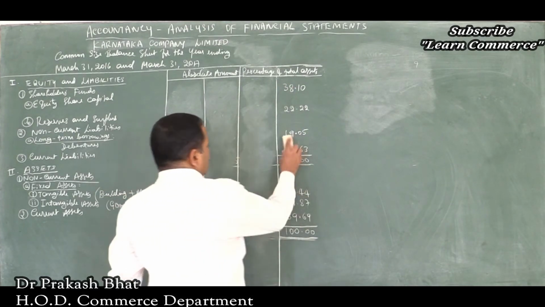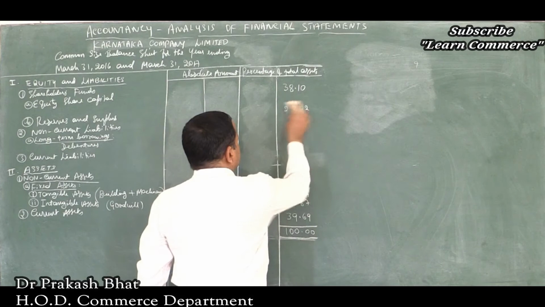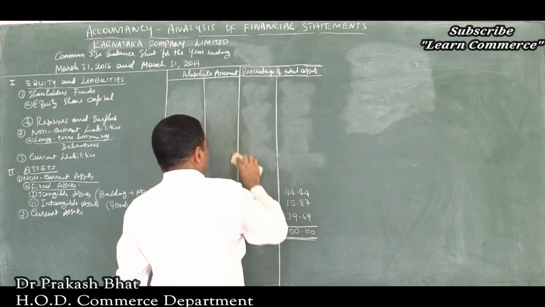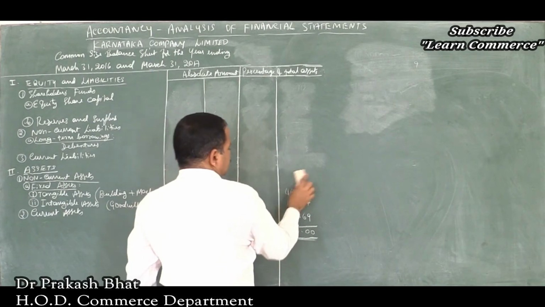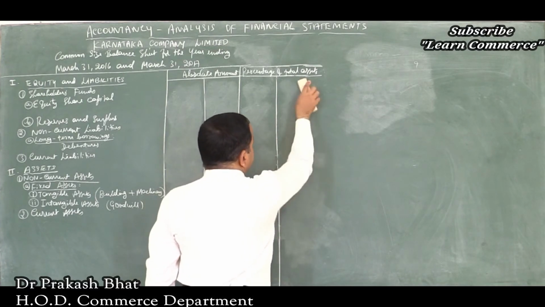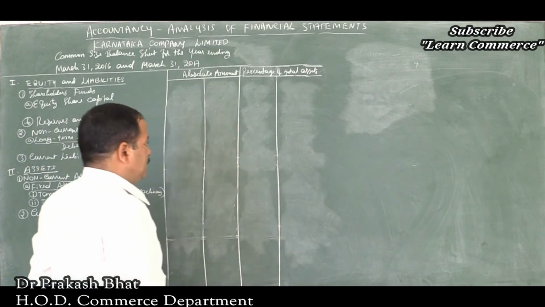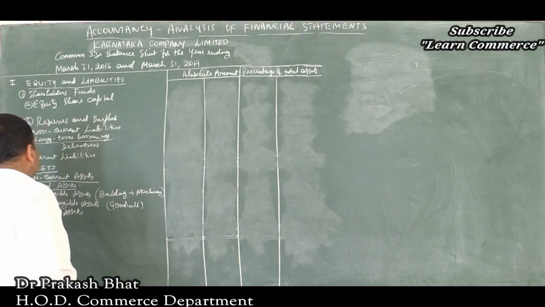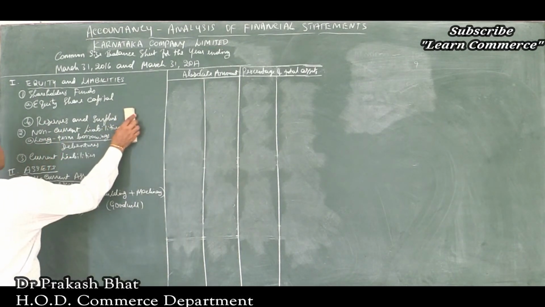That is the correct way of writing. Clear? Yes, right. 31st March 2016 rupees, 31st March 2017 rupees, then 31st March 2016 percentage, 31st March 2017 percentage. So that is what you have to do. Now let us move on.